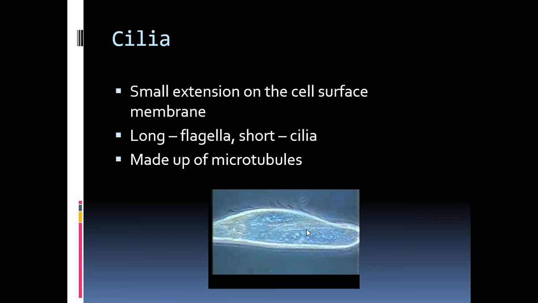A larger extension will be known as flagella, and normally you can find them in unicellular organisms such as Paramecium, Chlamydomonas, where they are used as a locomotion mechanism. And the cilia and flagella are also believed to be made up of microtubules.